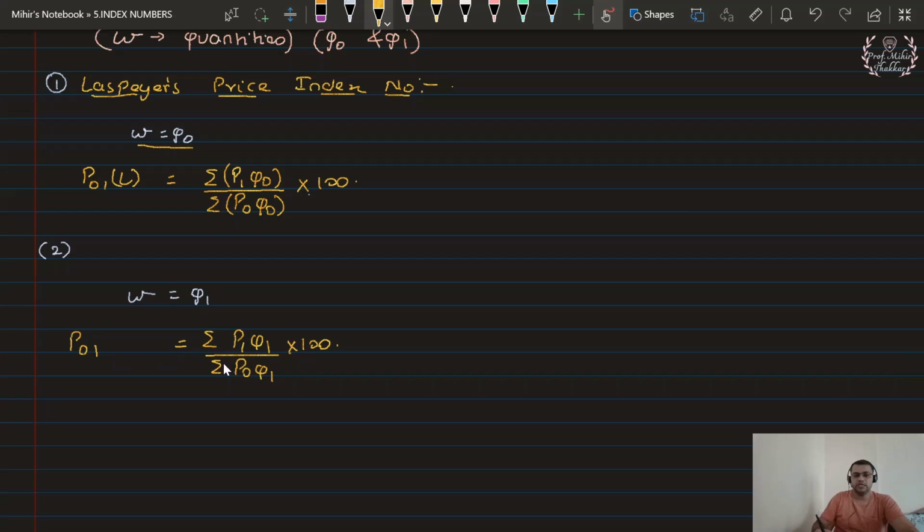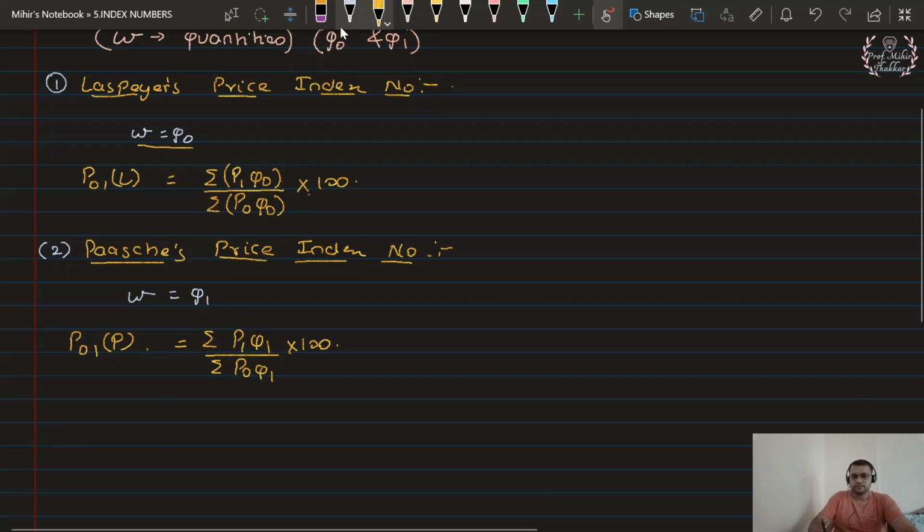This was the formula which was developed by a statistician whose name was Paasche. So the index number is Paasche's price index number and it is P01P.